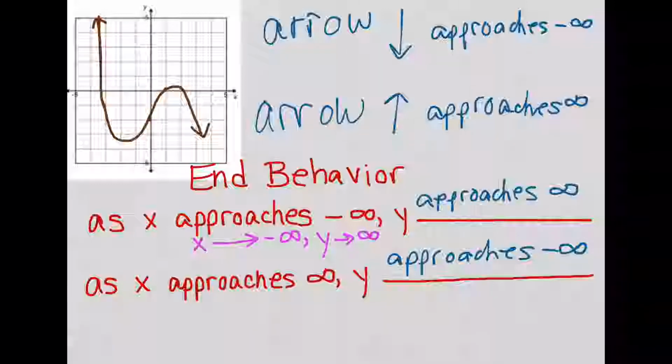I just did a shortcut for all that by using that arrow. And then the shortcut for down here would look like: as x approaches positive infinity, y approaches negative infinity. That could be the way that you write that as a shortcut, but you need to know what that arrow means, and it is the word approaches.